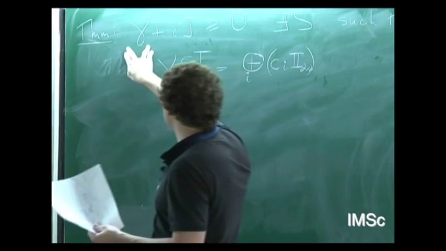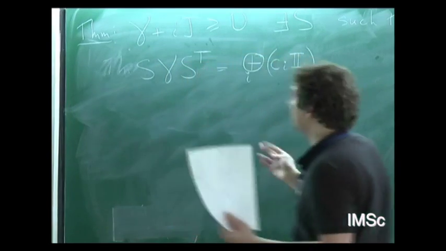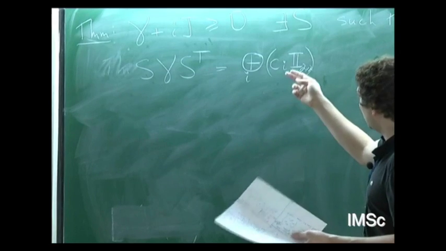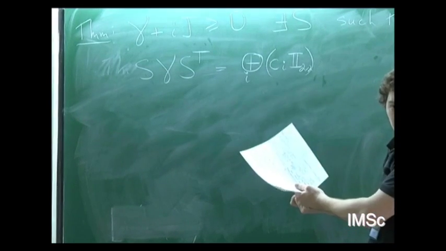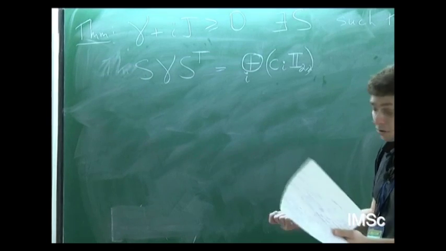So that means any Gaussian state gamma, up to unitary, I can think of as a tensor product of thermal states on non-interacting bosonic modes.